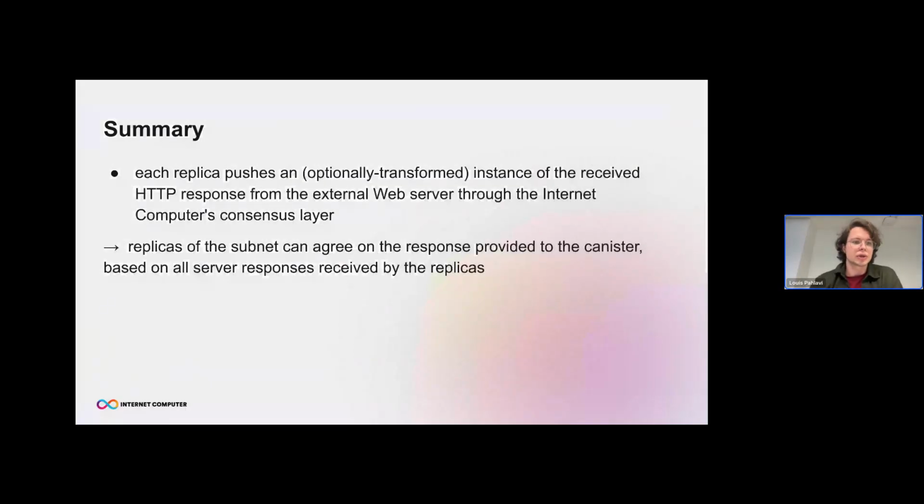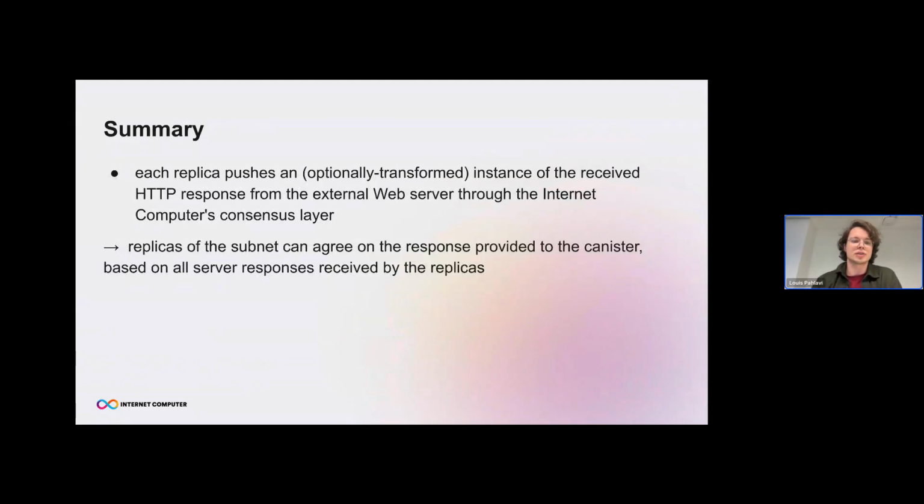To summarize very quickly, for HTTP outcalls, each replica, so each node in a subnet, pushes their potentially transformed instance of the received HTTP response from the web server that they made the request to through the Internet Computer's consensus layer. And the optional transformation here is important. You can imagine that raw HTTP responses contain a lot of noise, for example, timestamps.